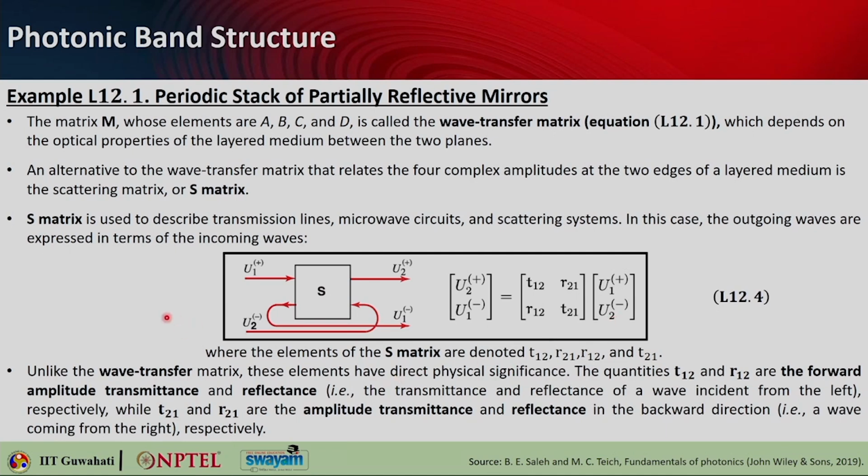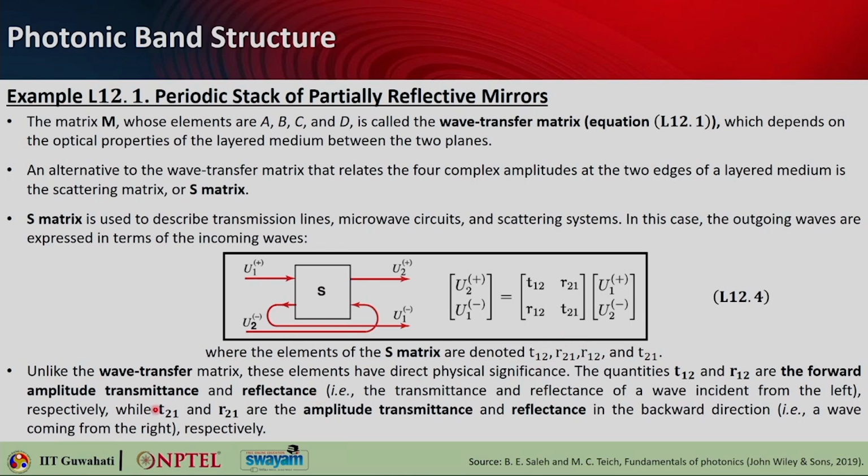So, unlike the wave transfer matrix, these elements in the scattering matrix have direct physical significance. If you take T12 and R12, they are basically the forward amplitude transmittance and reflection. That is, they are the transmittance and reflection coefficient of the wave incident from the left side.